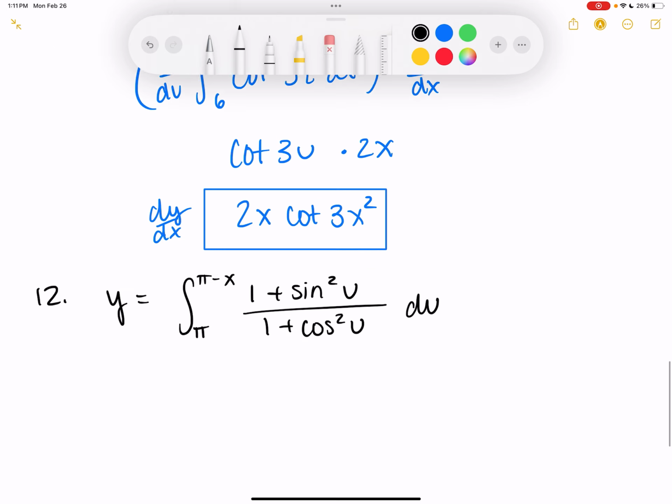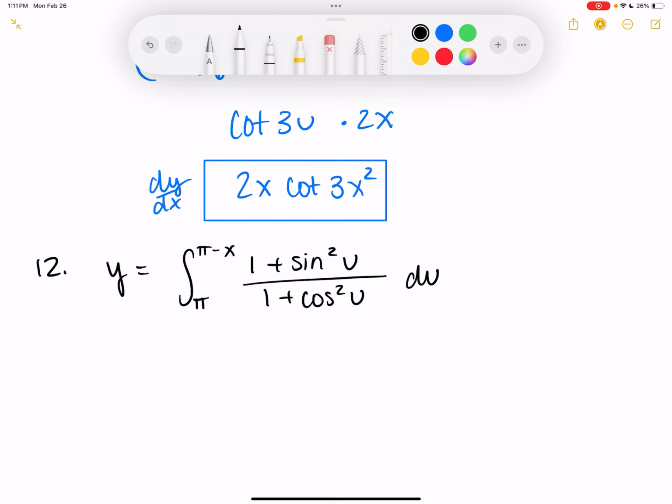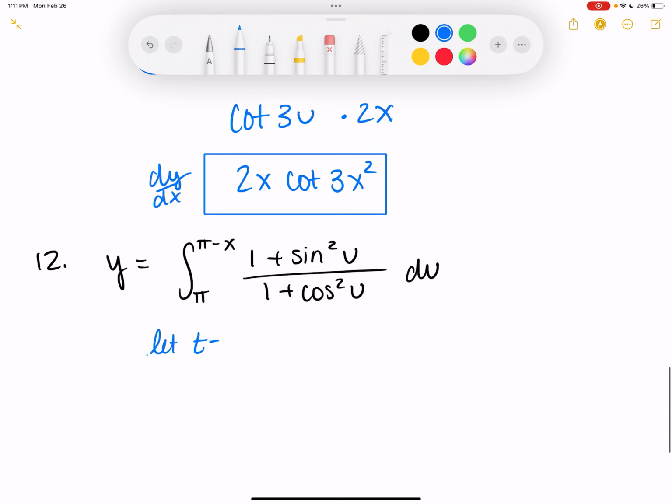So we've got, or well, what would I put in here? Letting u equal pi minus x. Or what are we doing? Probably should pick a different variable, because that's already in the problem, but let's do t equals pi minus x.